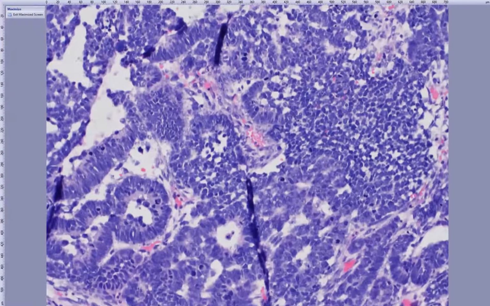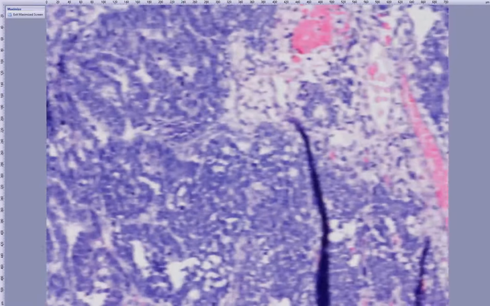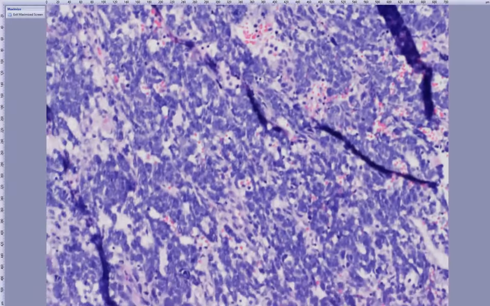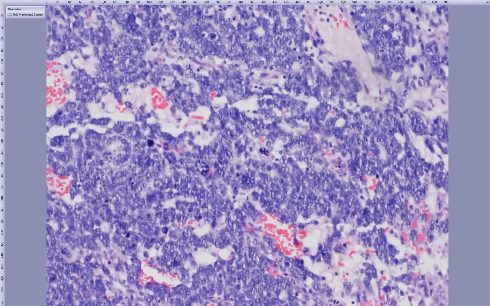An anaplastic cell is a cell that has a nucleus that is hyperchromatic and 3 times larger than its neighbors. And you also have to have abnormal polyploid multipolar mitotic figures as well.